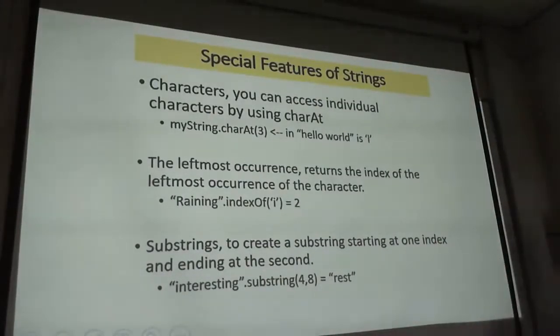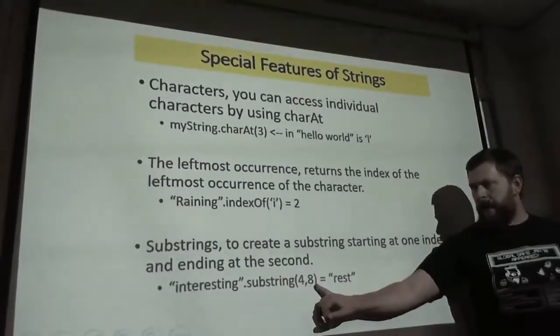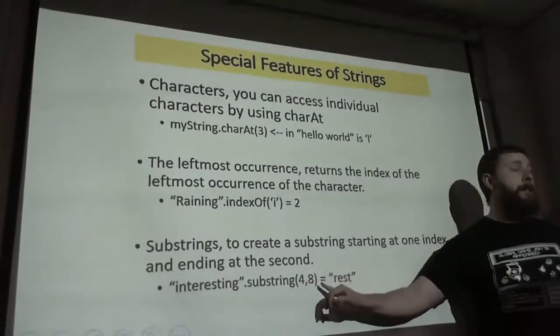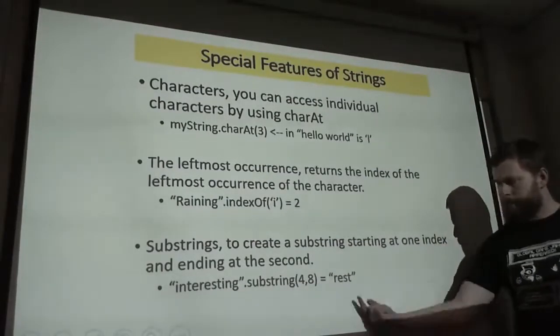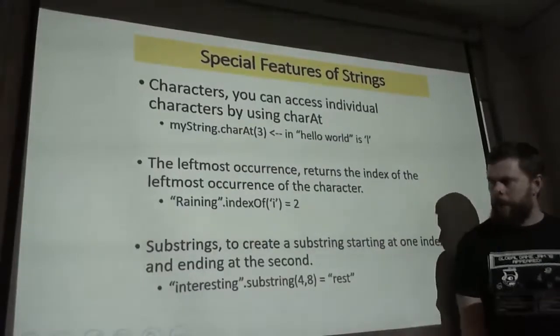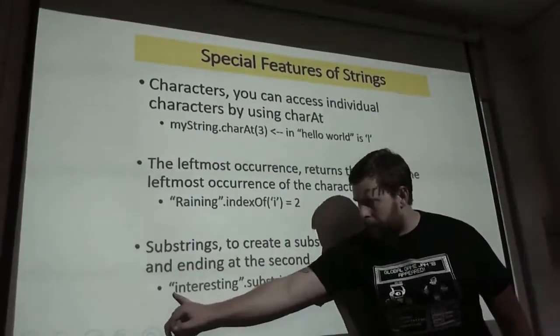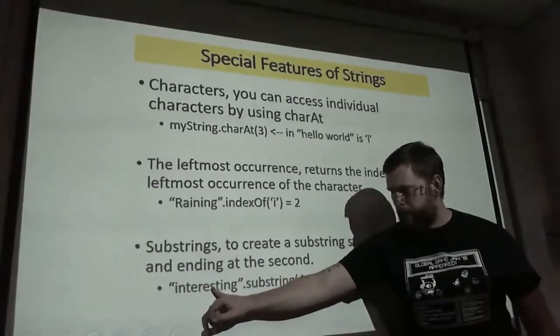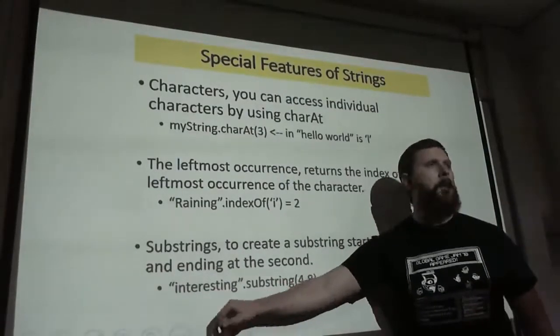And it copies all of the characters from and including the starting point up to, but not including, the end point. So in this example, where I send in 4 and 8, it copies out index 4, index 5, index 6, index 7, and then it stops, which will give us the word rest. So in here we have 0, 1, 2, 3, 4, 5, 6, 7, and then it stops before it hits 8.